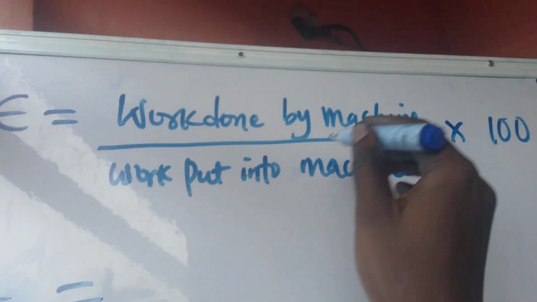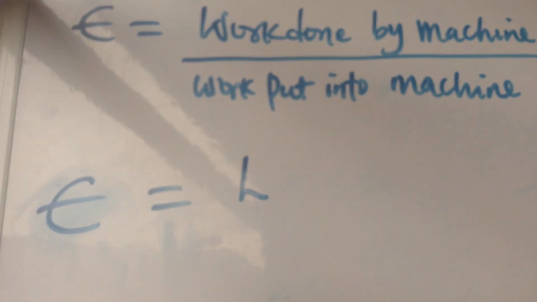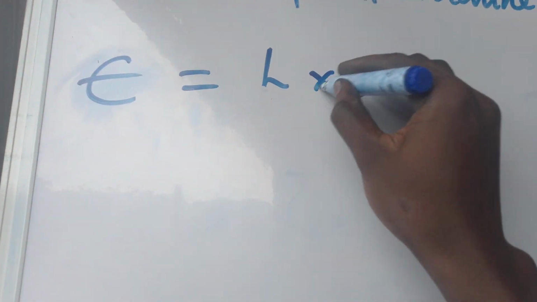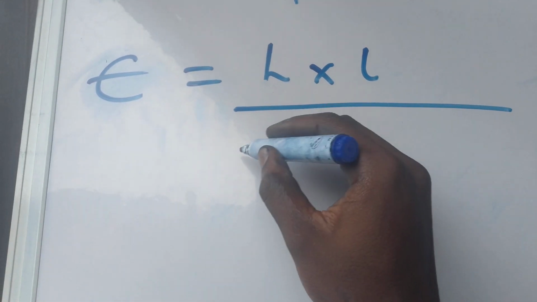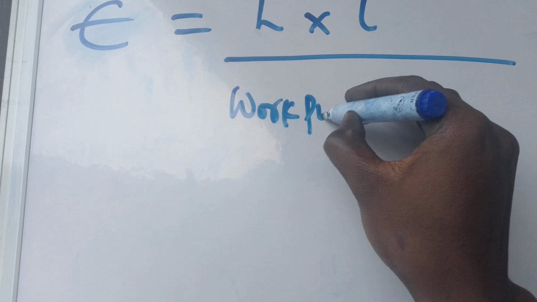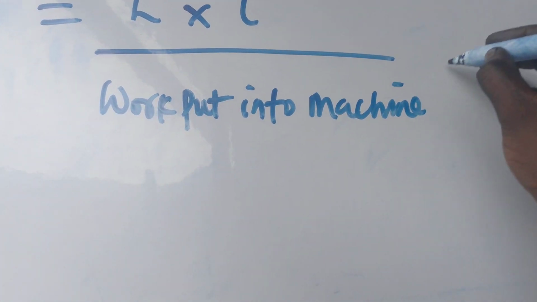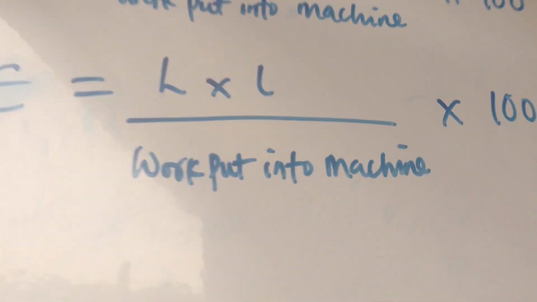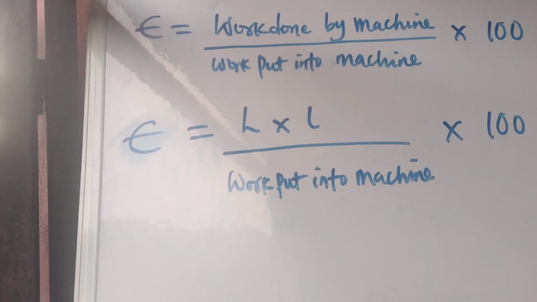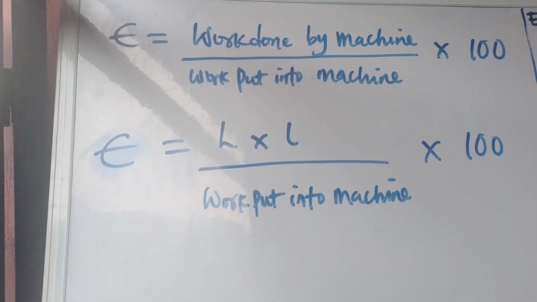The work done by the machine is load times distance moved by load, over work put into machine, times 100. At this point, we can then solve the problem.